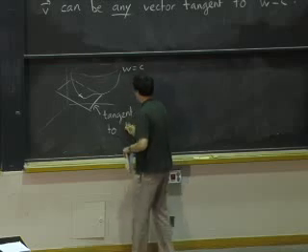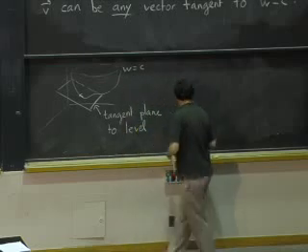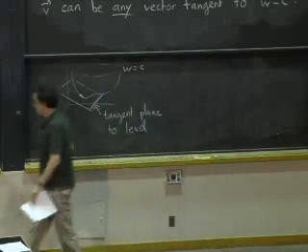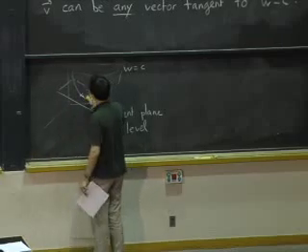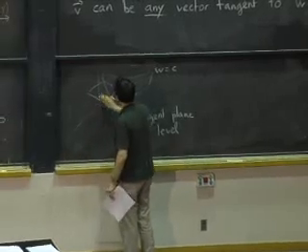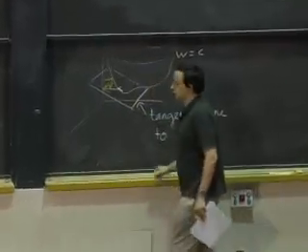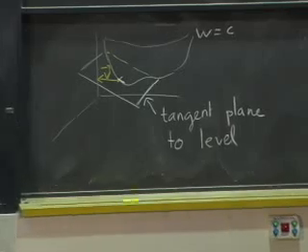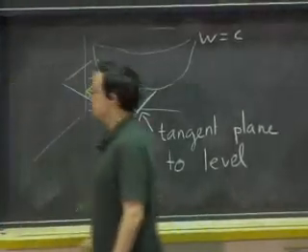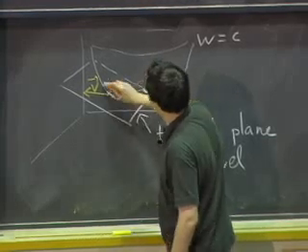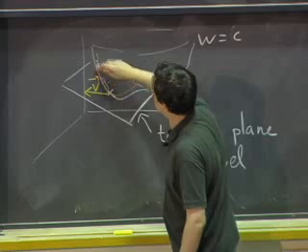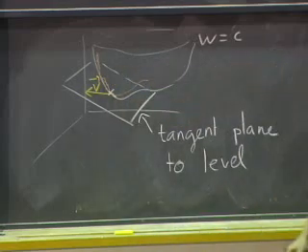Then if I choose any vector in that tangent plane, let's say the one that goes in that direction, then I can actually find a curve that goes in that direction and stays on the level. So here that would be a curve that somehow goes from the right to the left, and of course it has to end up going up, or something like that.